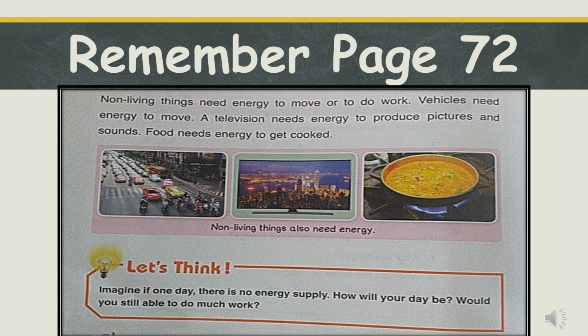So non-living things need energy to move or to do work. Cars also need energy. We put petrol in cars, fuel, so they can drive. A TV needs energy. We give it electricity, so we can turn it on and off. So these are some examples of how we use energy.